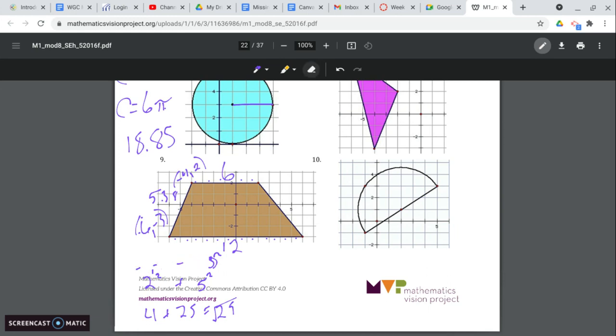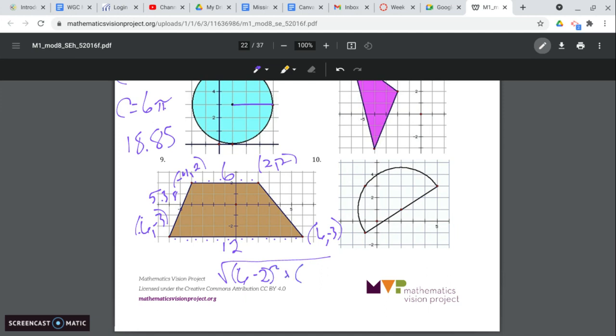So I'm going to erase this so I have some more space. All right, so the last one, we have a point at 2, 2. And our other point is at 6, -3. So set up our distance formula. 6 minus 2 squared plus -3 minus 2 squared. 6 minus 2 is 4 squared plus -3 minus 2 is -5 squared, which would just be 25, and 4 squared is 16.